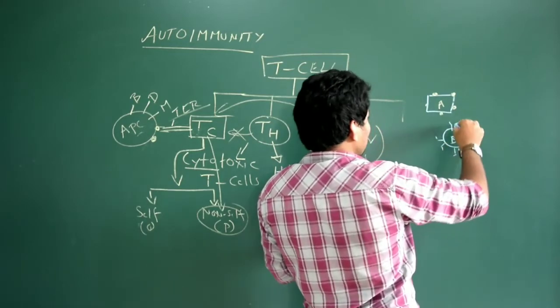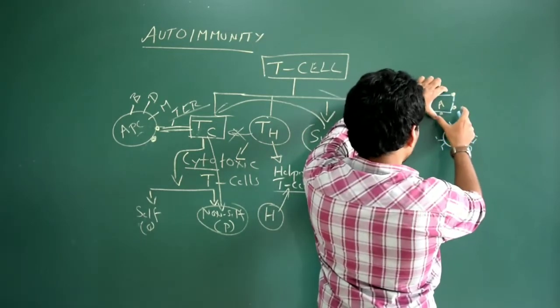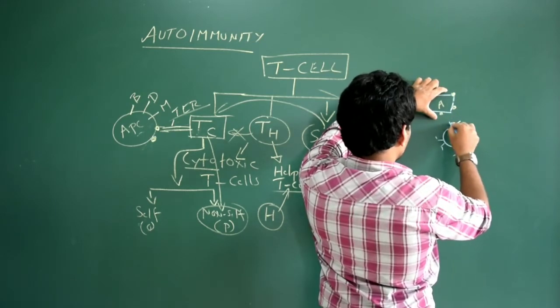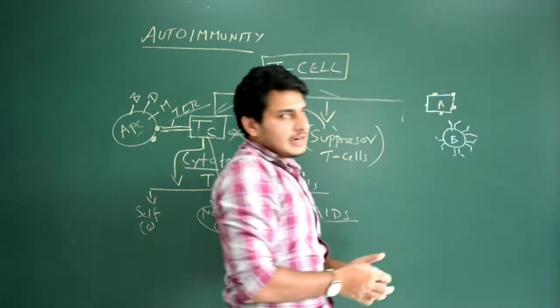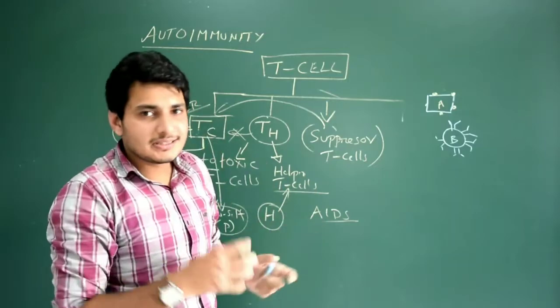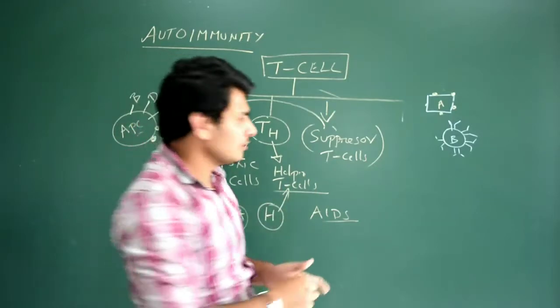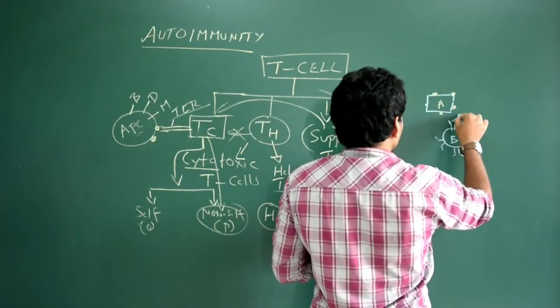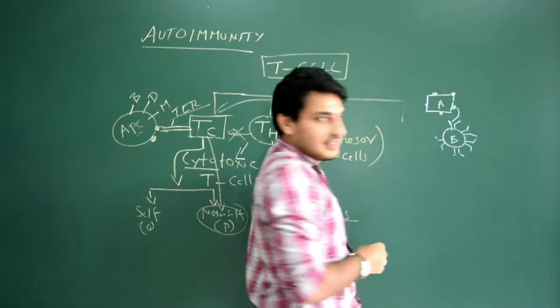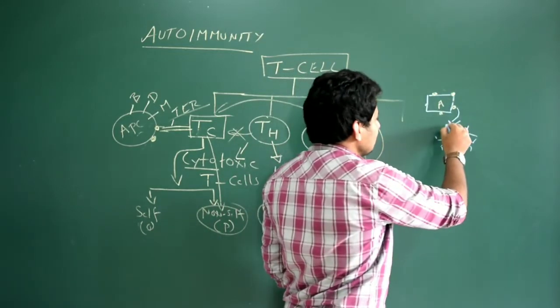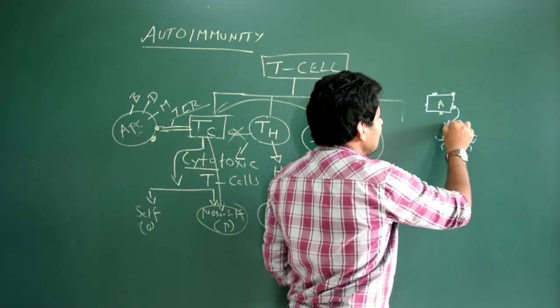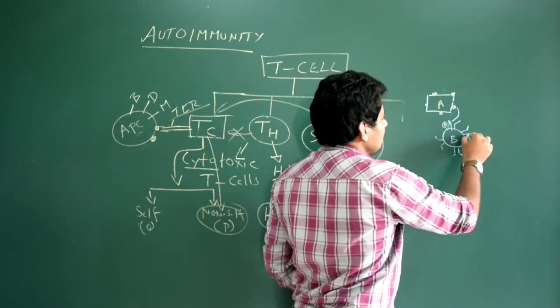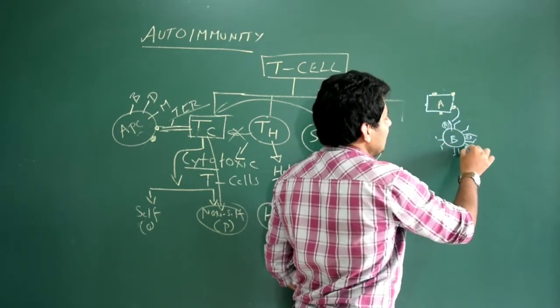So the B cell now goes to the antigen. Even though a B cell contains thousands of antibodies on its surface, only one will be specific to a specific epitope. Let us take this as A antibody, this as D antibody, and this as E antibody.